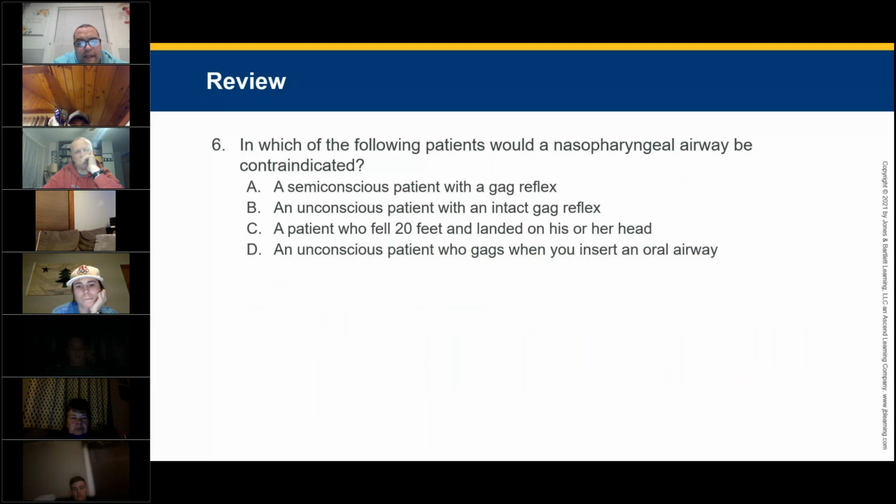In which of the following patients would a nasopharyngeal airway be contraindicated? All right, good.